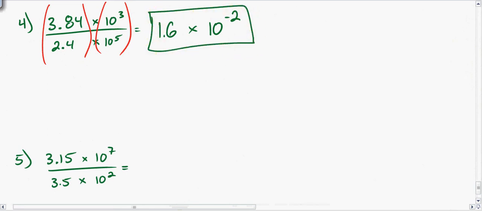Unlike when you're evaluating and simplifying expressions, you can't have a negative exponent in your final answer.